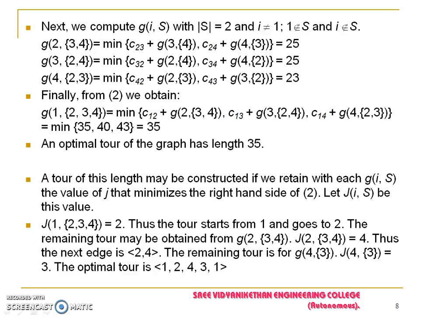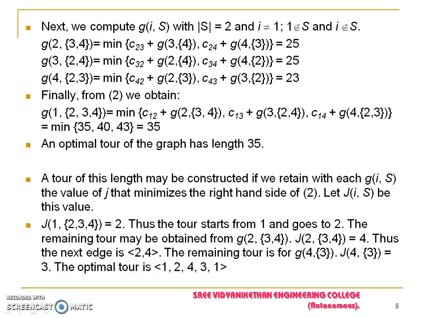Finally, the size of set S is 3, that is n minus 1. g(1, {2, 3, 4}) equals the minimum of C12 plus g(2, {3, 4}), C13 plus g(3, {2, 4}), and C14 plus g(4, {2, 3}).